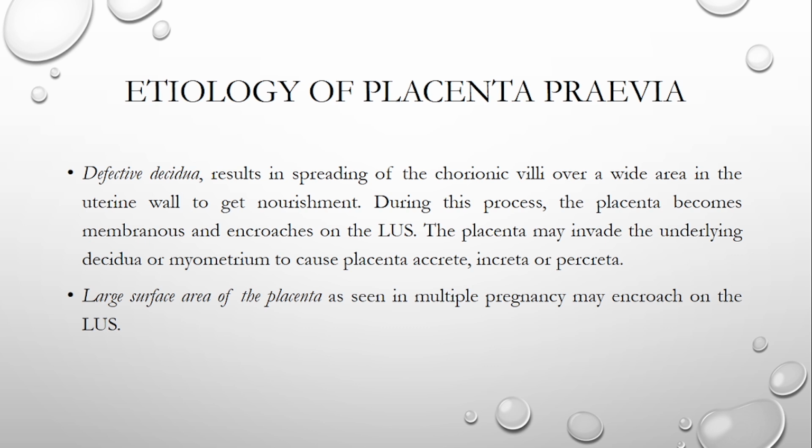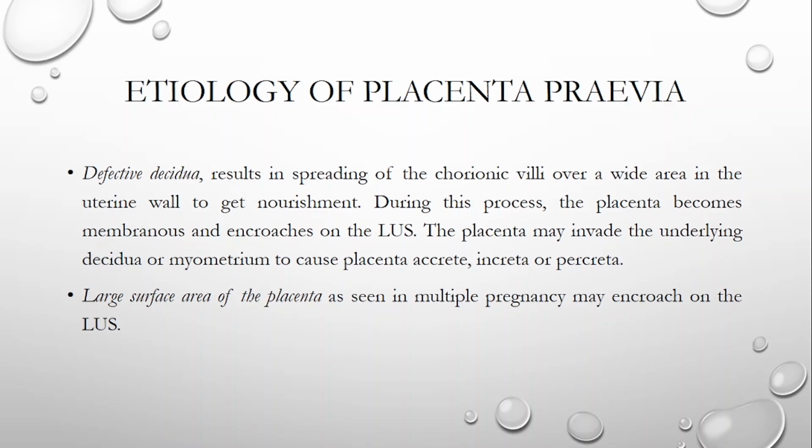Another theory that has been postulated is the large surface area of the placenta, as seen in multiple pregnancy or in rhesus isoimmunization, where the placenta may encroach on the lower uterine segment because of its large surface area.